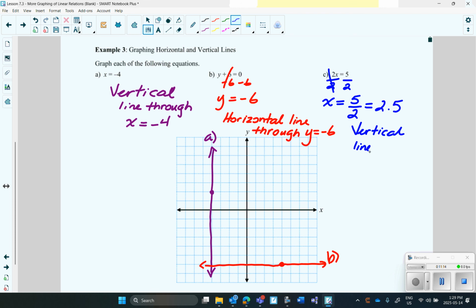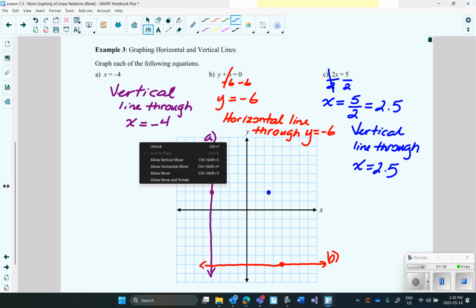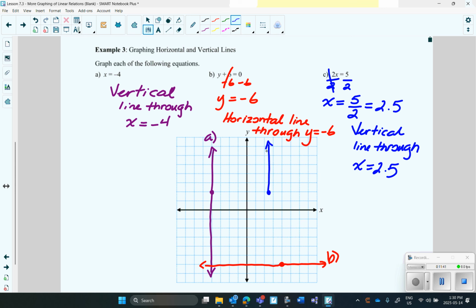Vertical line through x equals 2.5. So all you have to do is find a point where the first number is 2.5. Give me one. 2.5, 2. And we know it's vertical, so it's going to look like that. And that's C.